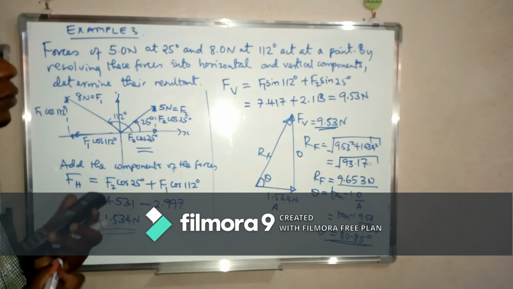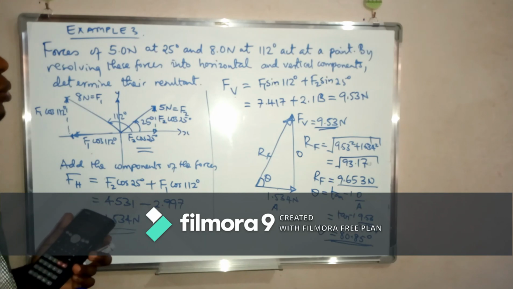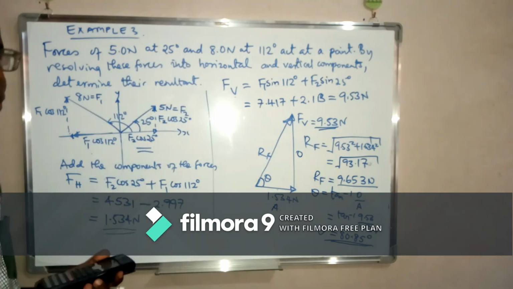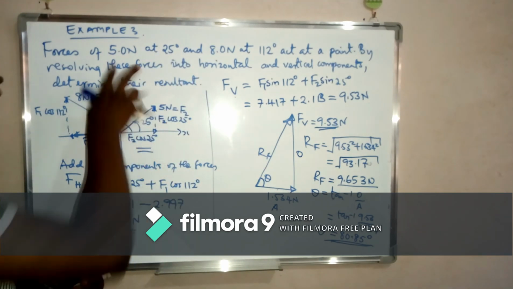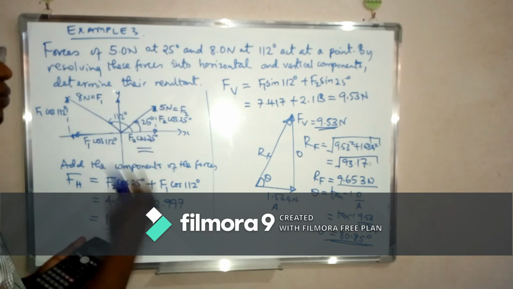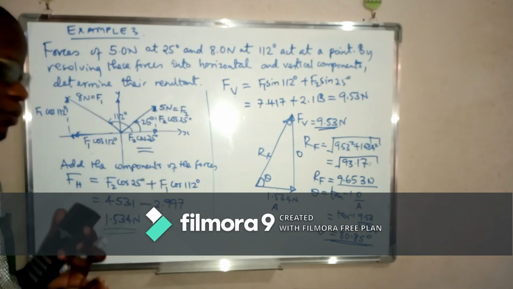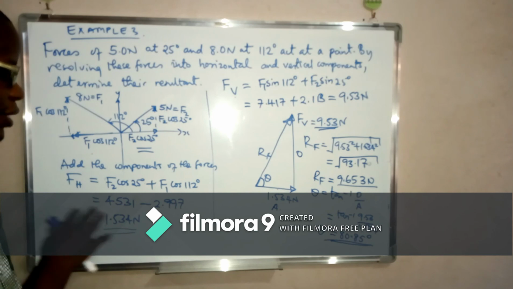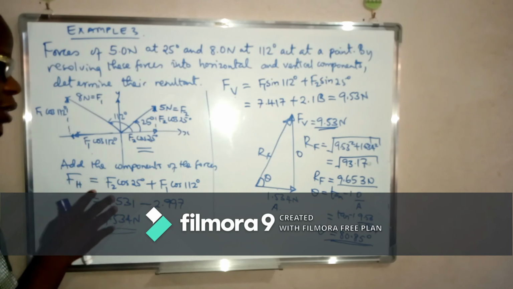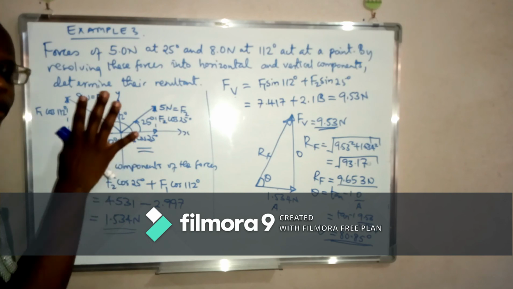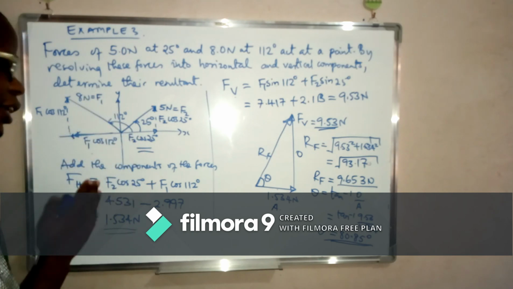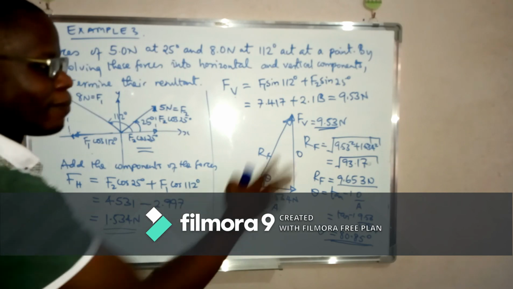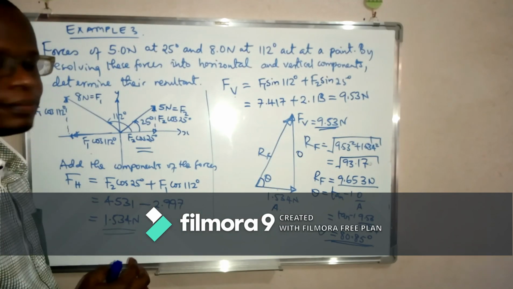You can use this method to get the resultant of numerous coplanar forces. It might exceed 2, it might be 3 or 4 or 5. This is the method that you use. First, you get the components in the x direction and the y direction, and then add the components in the y direction on one side and the x direction on the other, and then you come up with this vector diagram.